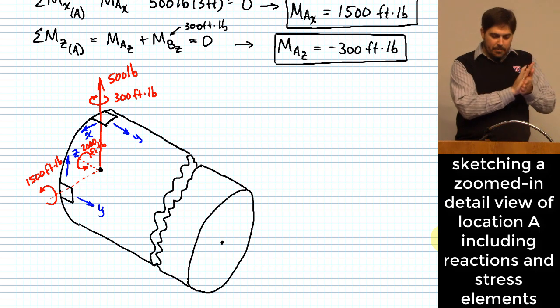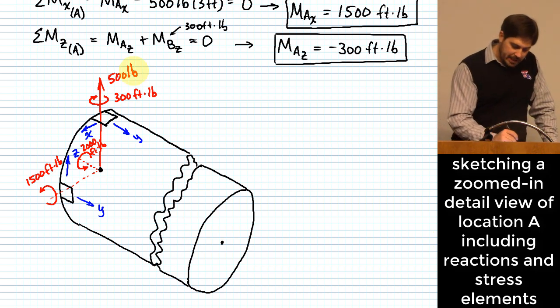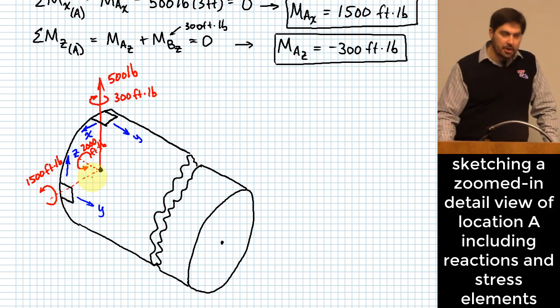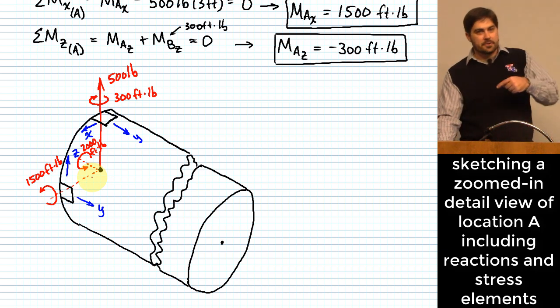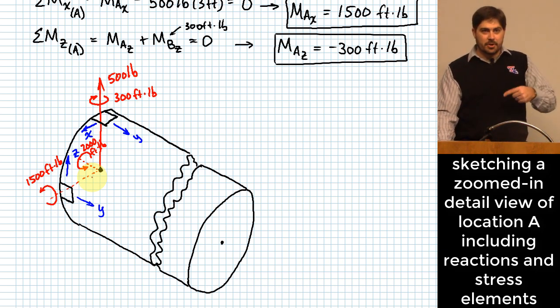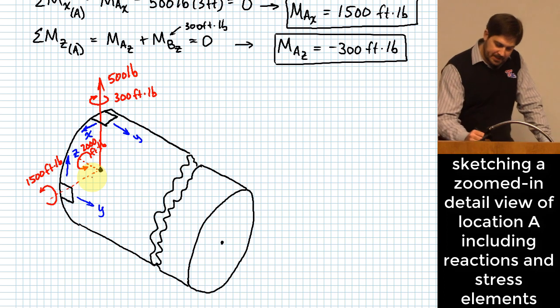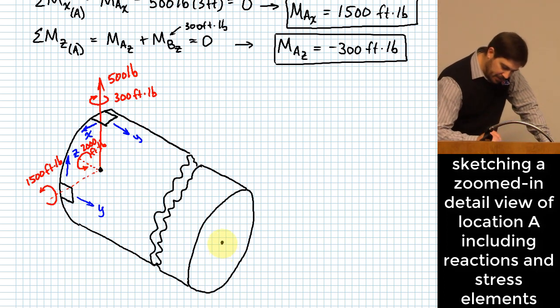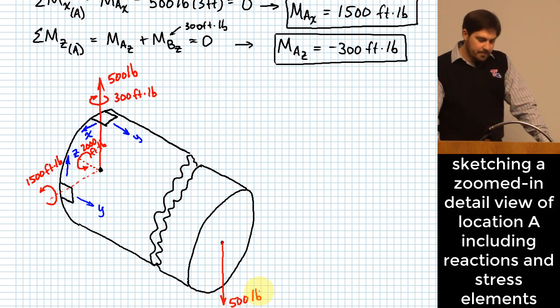So the patches represent material that are between all of these reactions that I just showed and what is causing those reactions. Right? What's causing the reactions are all these forces that existed out here on the end of this rod, right? For instance, there was a 500-pound force like this, right? You agree with that?